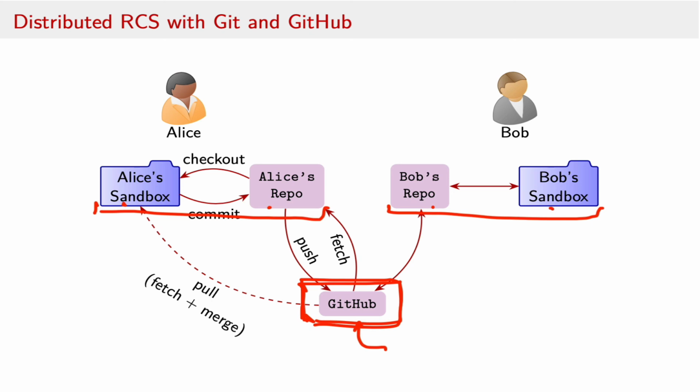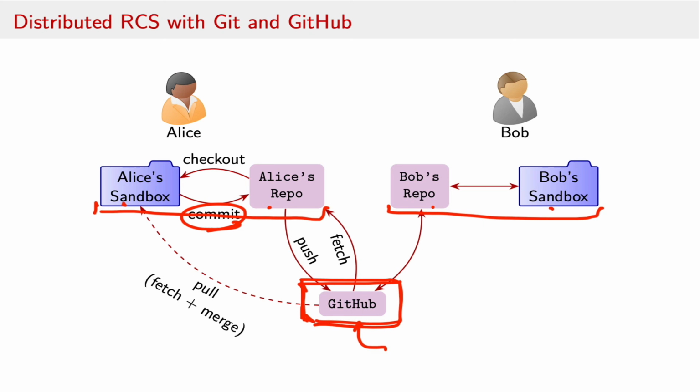But again, as with the illustration of centralized revision control, you basically need to do two things: put your changes into the revision control system, and then be able to fetch versions back out, whether that's the latest and greatest or a comparison for some historic purpose or whatever. So to put things into the repository from her sandbox, Alice is going to run a command called commit.